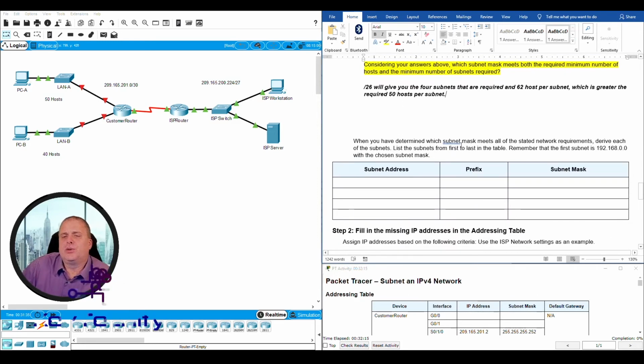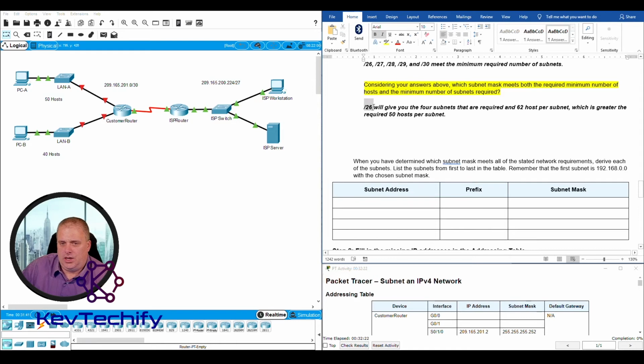When you've determined which subnet mask meets all of the stated network requirements, that is this right here, derive each of the subnets. List the subnets from first to last in the table. Remember, the first subnet is this with the chosen subnet mask.